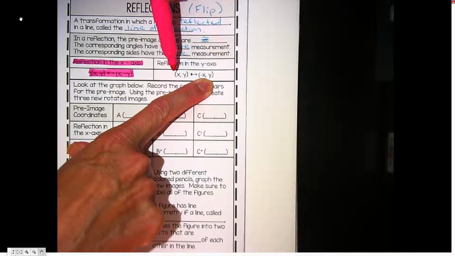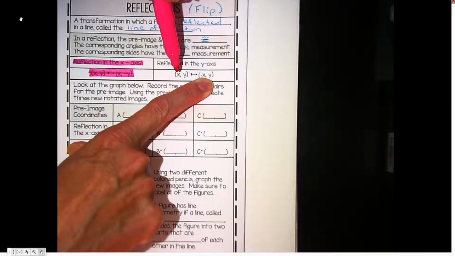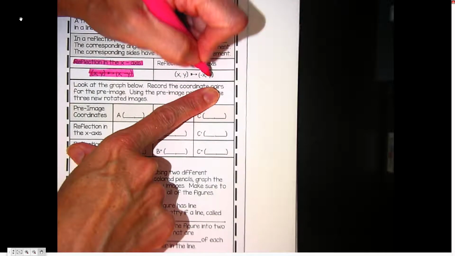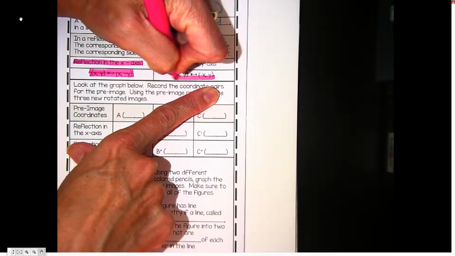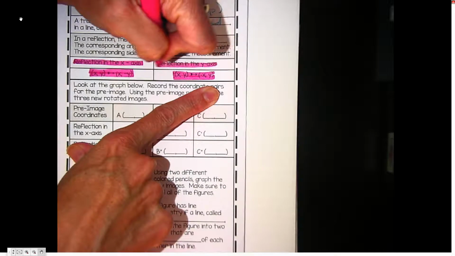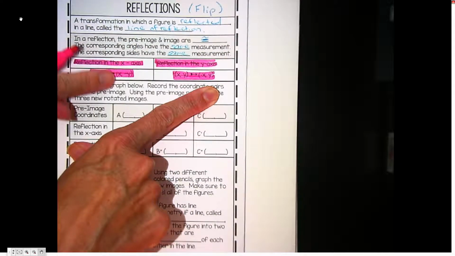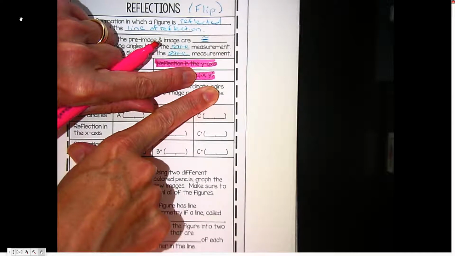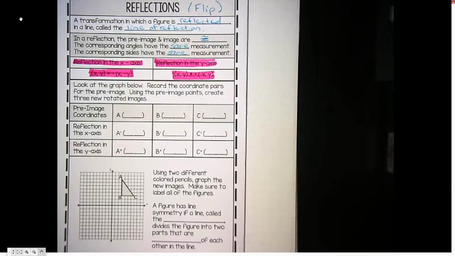If I have negative 6, 5, that becomes positive 6, 5. All you're doing is changing the value of the x to the opposite of whatever it is. Okay, so just remember, reflect across the x-axis, change the y. Reflect across the y-axis, change the x. So we're going to start out just reflecting across the axis. And then we're going to move on to some other ones.